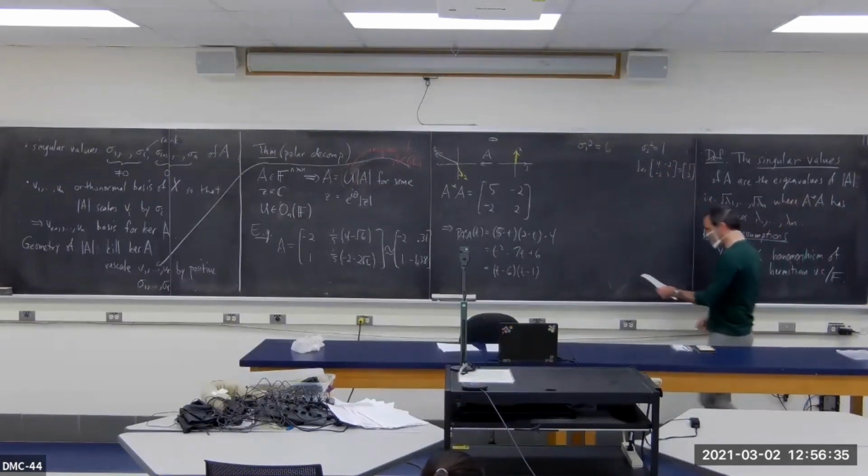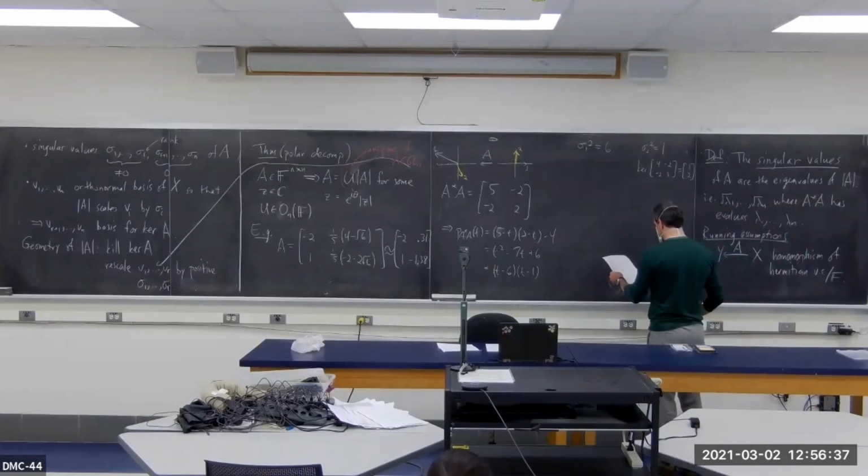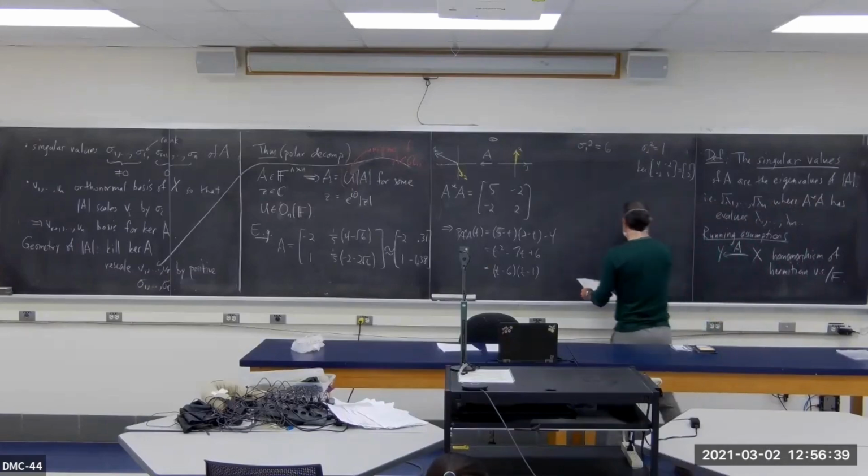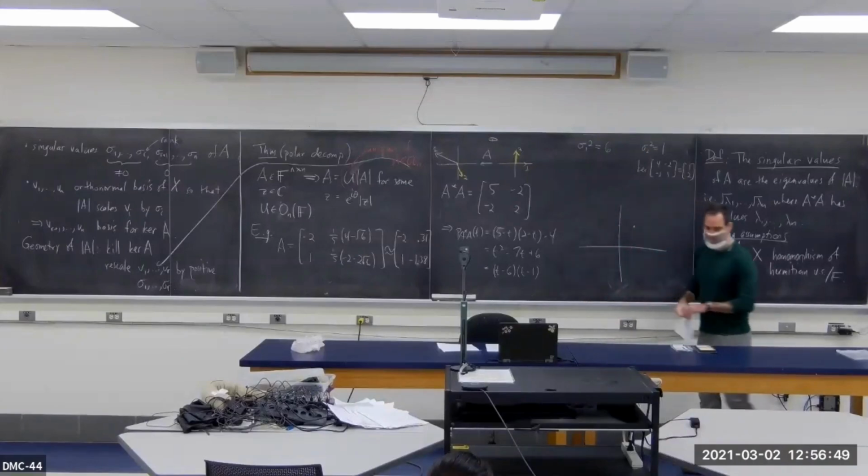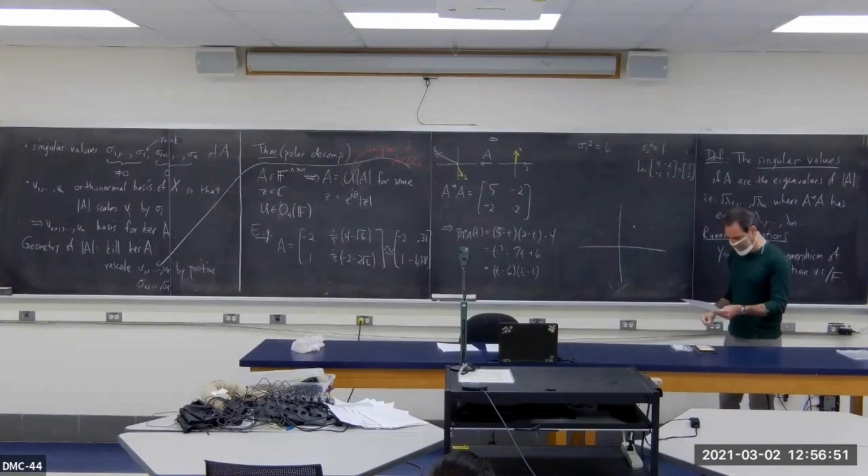Okay, so we can draw that. I'm going to draw my big picture over here. All right, so we're going to take 1, comma, 2. There it is. And let's draw that one in red.